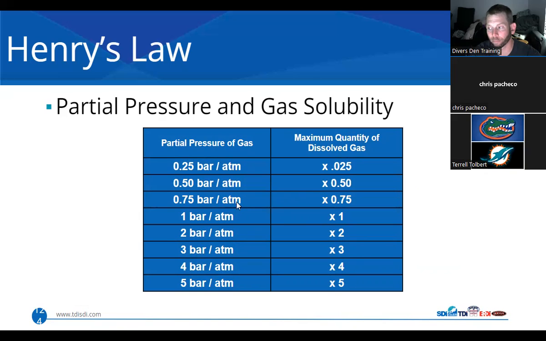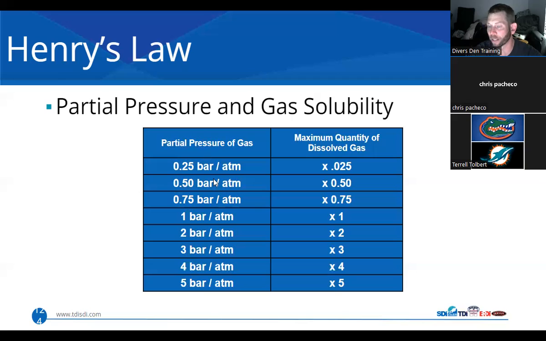All this is trying to show you is that the pressure of the gas dissolved in the solution is going to reach equilibrium eventually, after 5 half-lives of the ambient pressure that the solution is exposed to.